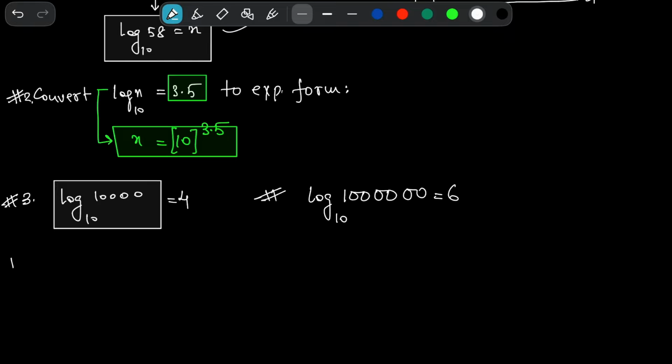Suppose the question comes: what is log of 0.0001 with base 10? I will write this expression as log of 10 with power minus 4 and base will remain 10. Now this power minus 4 will come on that side and it will finally give me the answer as minus 4. Okay, so here we have done few questions to understand the things.